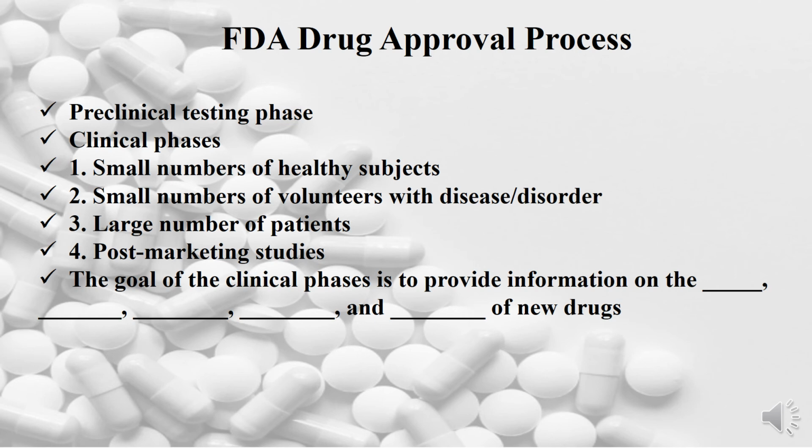Before any testing on humans begins, subjects must provide informed consent, and it must be documented. Informed consent involves careful explanation to the patient or the test patient or research subject of the purpose of the study, the procedures that are to be used, the possible benefits to this medication and study, and then the risks involved with this medication and study.